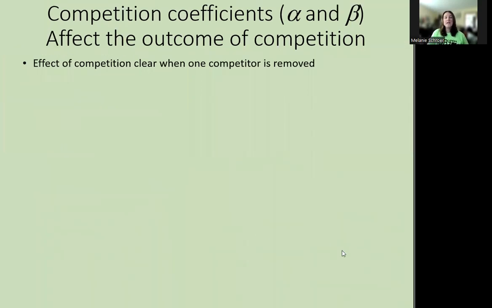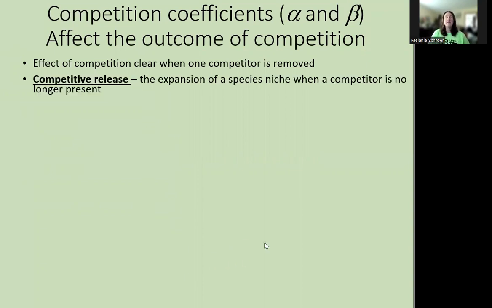Just as competition has a profound effect on species when a new competitor is introduced, we can also see the effect of competition when one competitor is removed. And so this is one of the ways that we can actually figure out what alpha and beta actually are. And so competitive release, this is the expansion of a species when a competitor is no longer present.